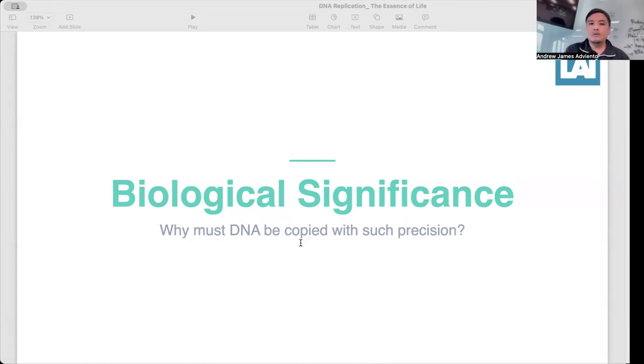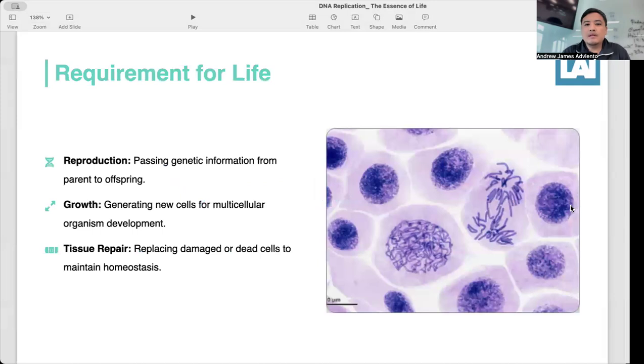Would it be possible? Maybe yes, but it won't be the same as the other parts of our body. So, a requirement for life. There are three main reasons for replication.